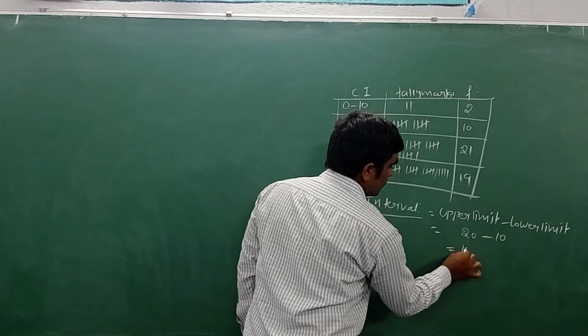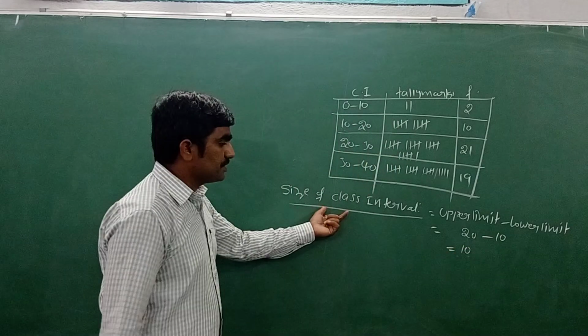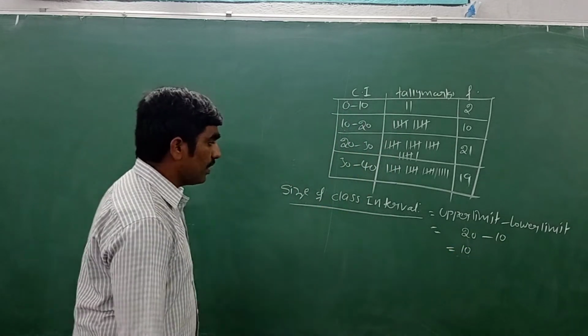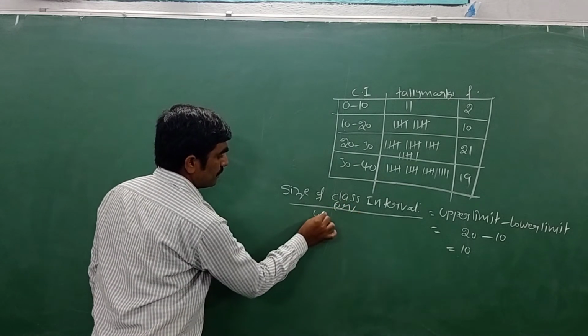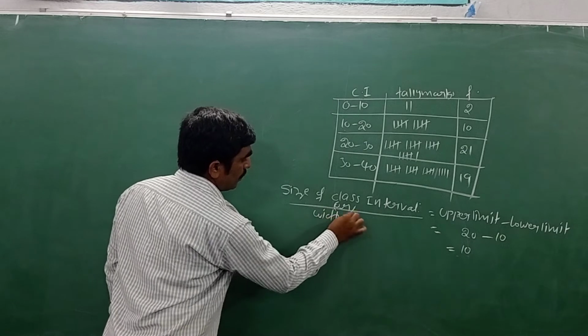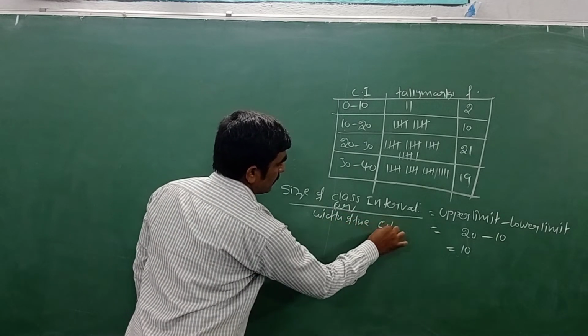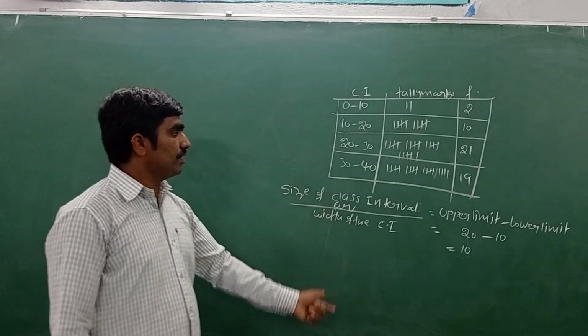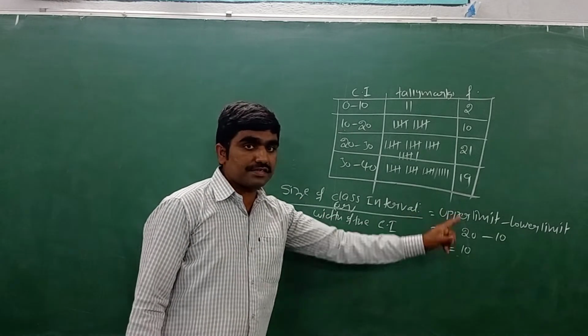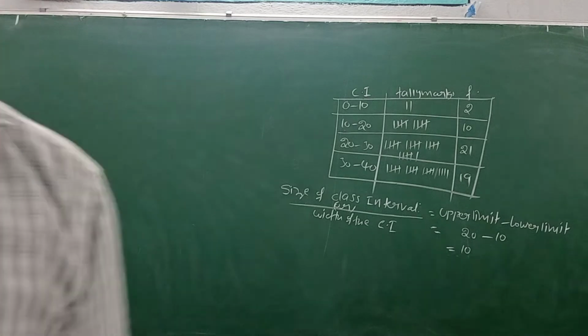So it is equal to how much? 10. The size of the class interval is 10. It is also called the width of the class interval. Size or width of the class interval. So that is the way we can find the size of the class interval. What is the formula? Upper limit minus lower limit.